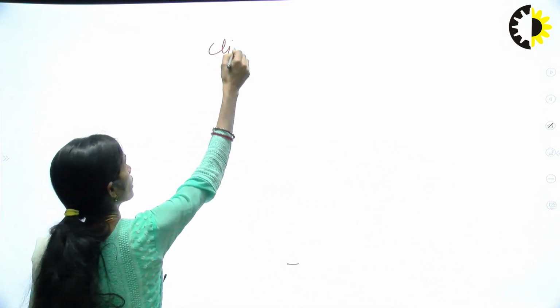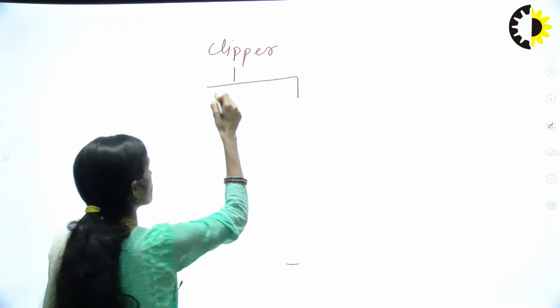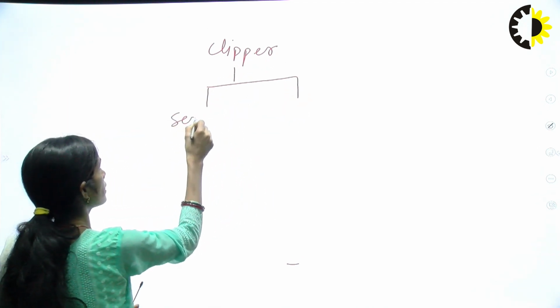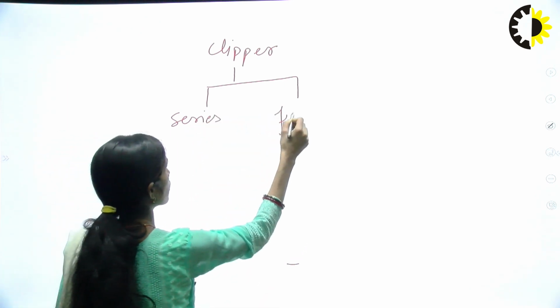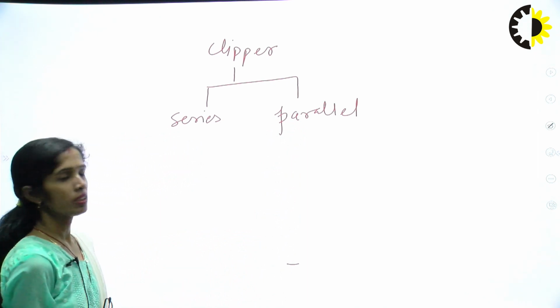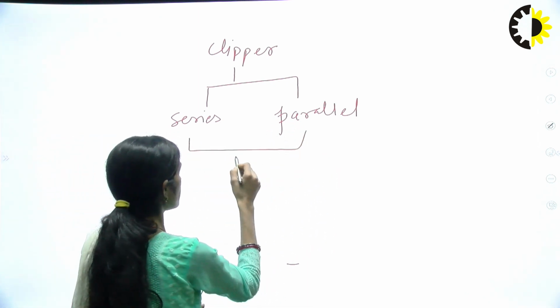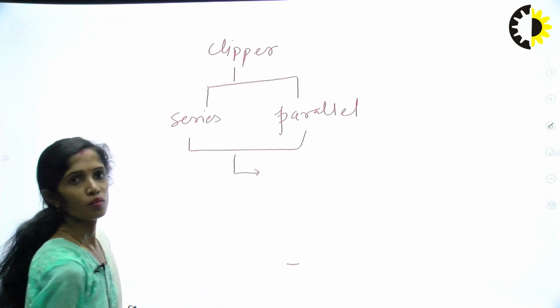First of all, starting with the classification, we have the clipper circuit. Clipper is first divided into two types, that is series and parallel configurations. Among these two configurations, we again have different types of clippers, that is biased clippers.